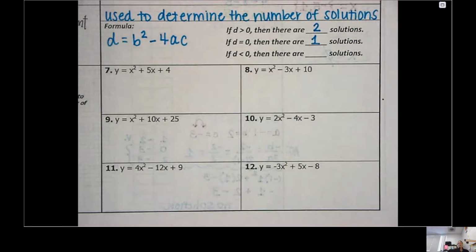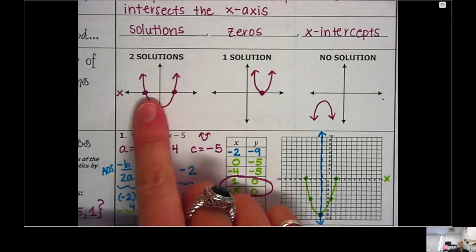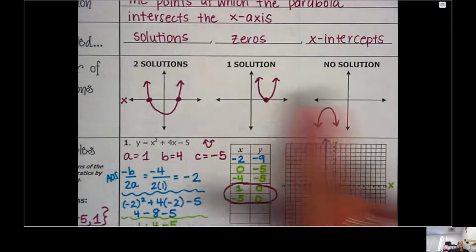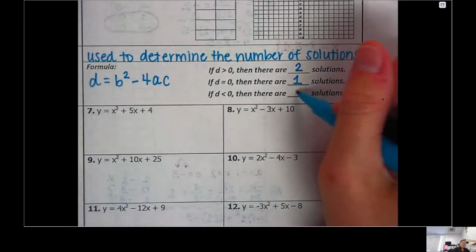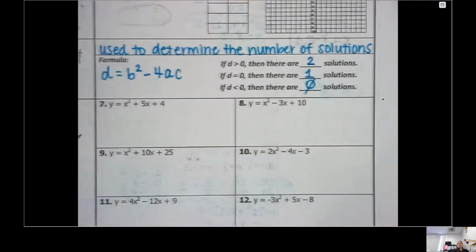And if your D value is less than 0, take a wild guess, how many solutions are there? Well, there's none. So there's only 3 different ways you can have it. You can either have 2 solutions, 1 solution, or no solutions. We already got 2 and 1, so the last one has to be 0. No solutions or 0 solutions.